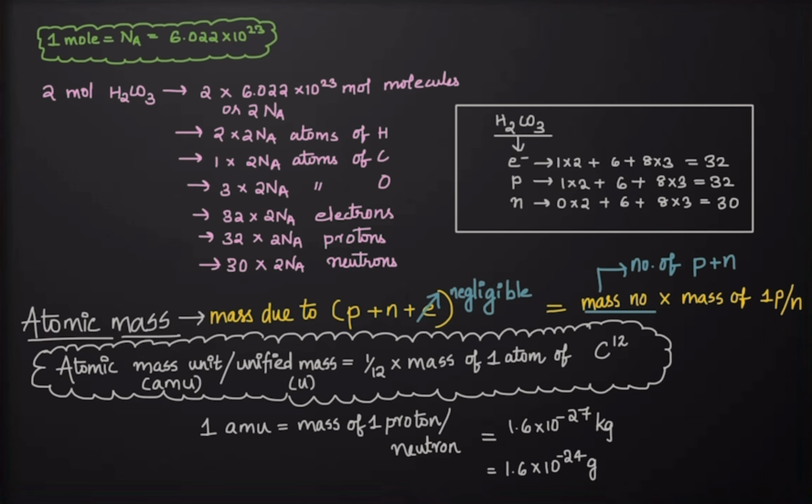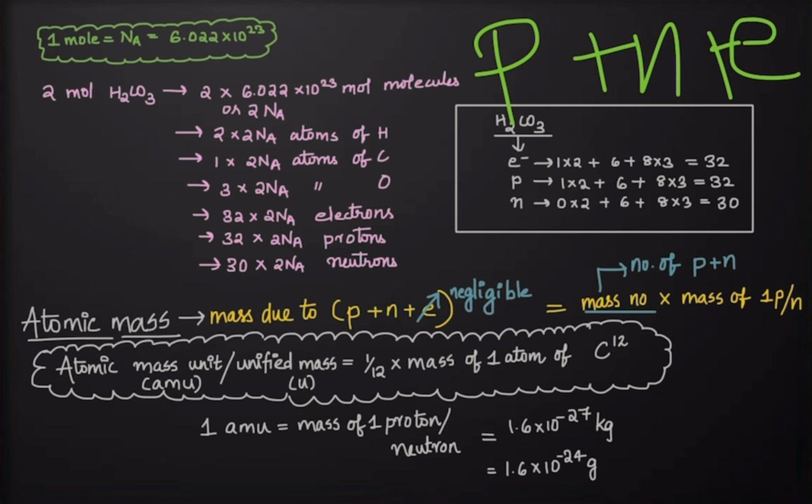Atomic mass. Atomic mass is the mass due to proton plus neutron plus electron. An atom has proton, neutron, and electron. We already knew that electron has the mass 9.1 into 10 raised to minus 31 kilogram, which is negligible compared to proton and neutron.